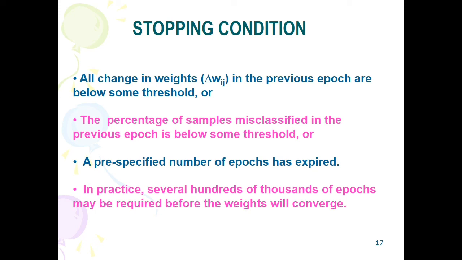So for this period of time the operation has to be stopped. Or the percentage of samples misclassified in the previous approach is below some threshold value, or a pre-specified number of approaches has expired. In practice, several approaches may be required before the weights converge. So this is what the operation involves.